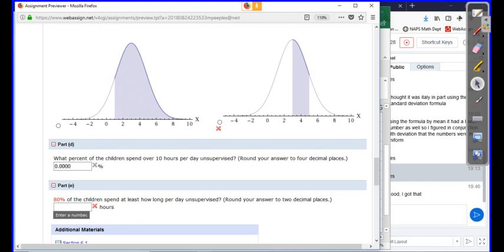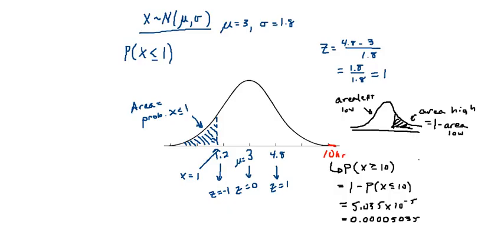80% of the children spend at least how long per day unsupervised? Well, this time we're given the percentage. So again, let me just show you one last illustration of what that means. If I look at my curve, this time I'm given the probability.